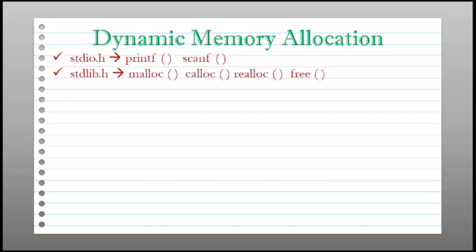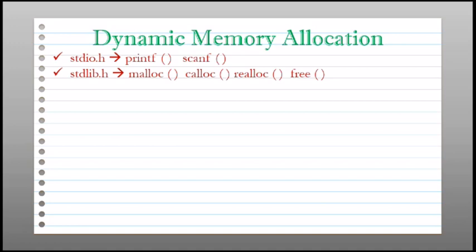So for adding and deleting memory space, there are 4 different functions that can be used in dynamic allocation. Just like we include the header file stdio.h to use the predefined functions printf and scanf, dynamic memory allocation functions are predefined in the header file stdlib.h.